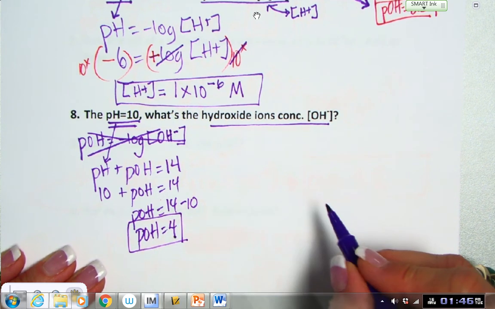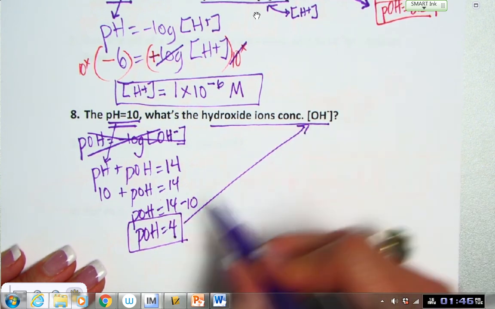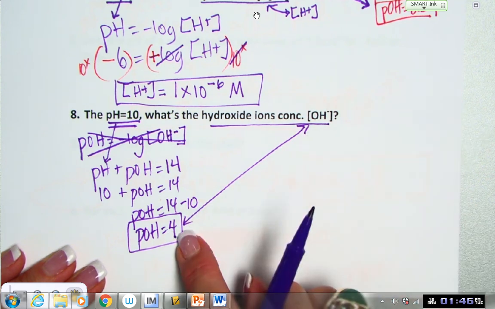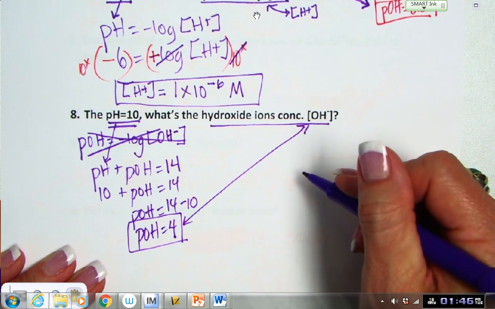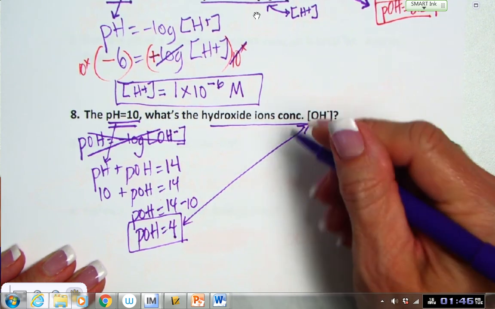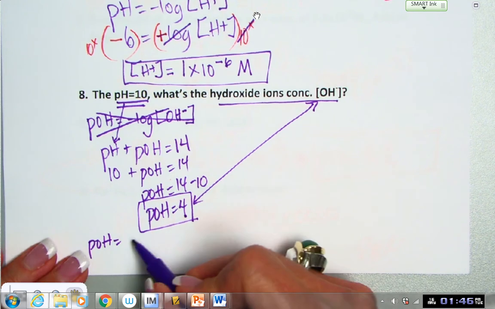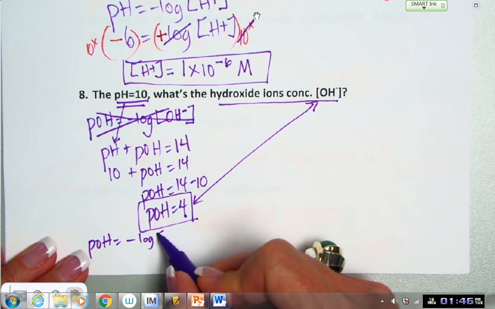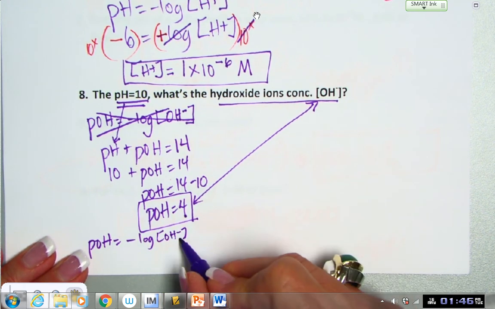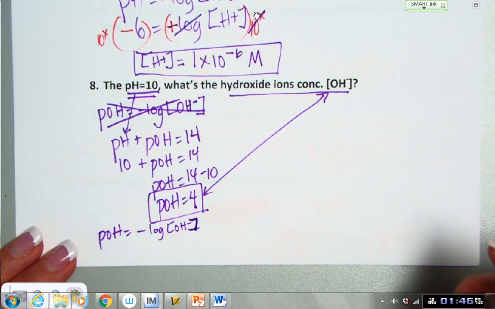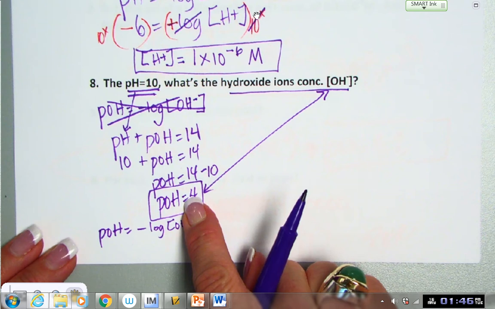Now that we have the pOH, I can find the hydroxide ion concentration because I have a formula that relates both of these to one another. So what you would use next then is pOH equals negative log of the OH. So now we're at a similar situation to the last problem. So we know the pOH, we're going to plug it in here.